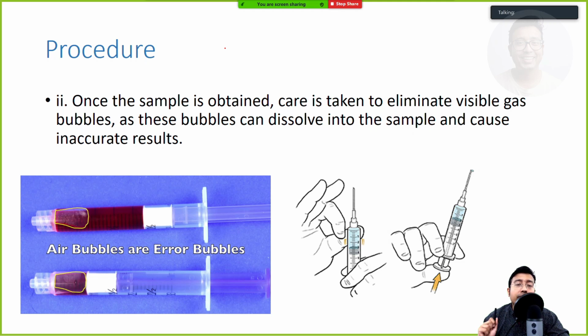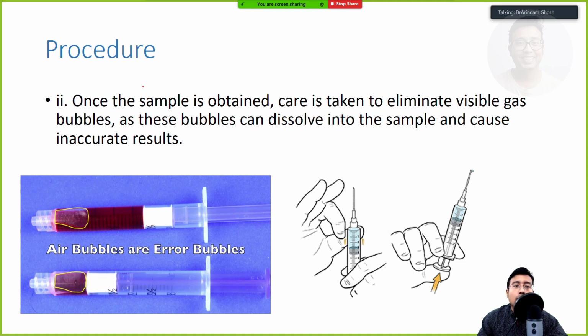If atmospheric air bubbles are mixed with the blood, the data about the dissolved oxygen and carbon dioxide will simply change, because the oxygen and carbon dioxide from the air bubble will also get dissolved in the blood. So that will give wrong information. So make sure there is no air bubble.